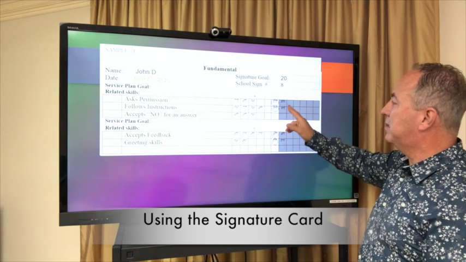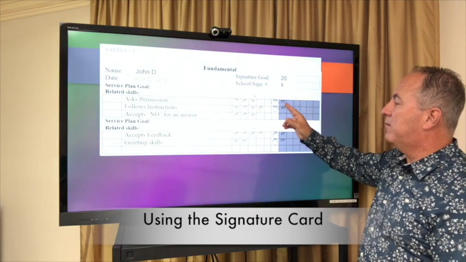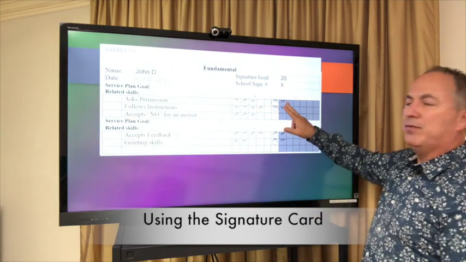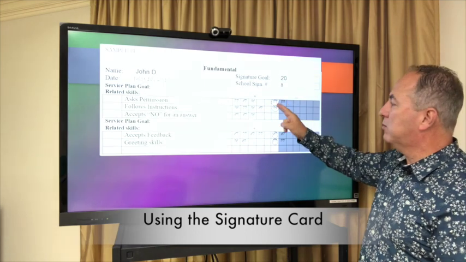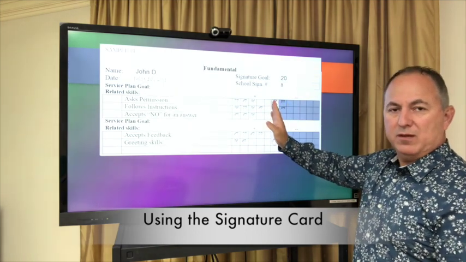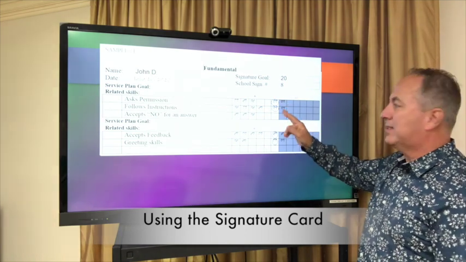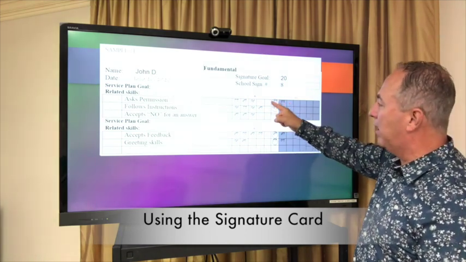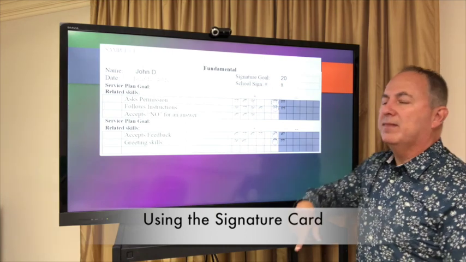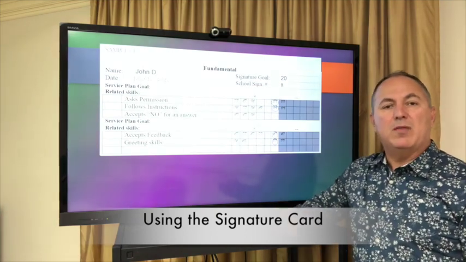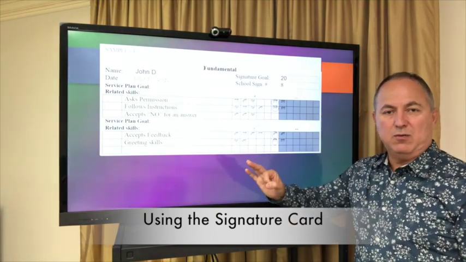So when staff comes in to put their first initials here for ask permission, and they put that in the gray box, they put it closest to the center where the dividing line is between the positive signatures and corrective signatures, and staff would go ahead and just circle that box right there to help them know that's where that next signature needs to go.